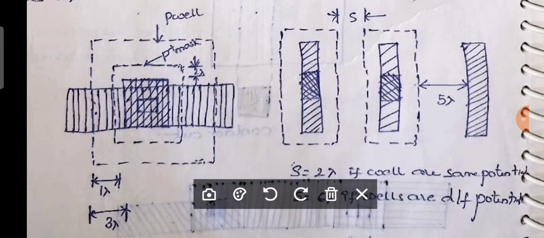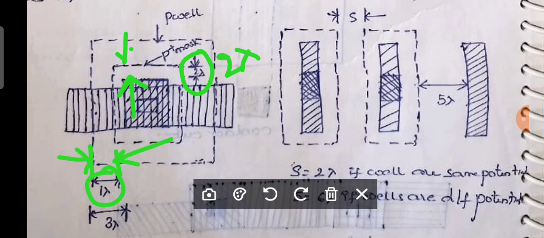They are talking about the minimum separation between contact area, this one, I'm talking about this one. The minimum separation between contact area and P mask is what? 2 lambda. And similarly, the minimum separation between P mask and P well is 1 lambda.